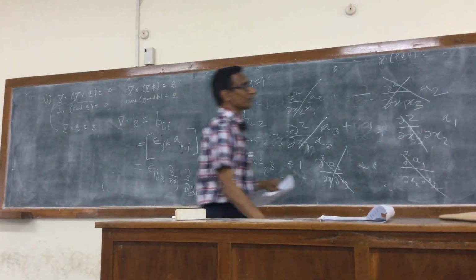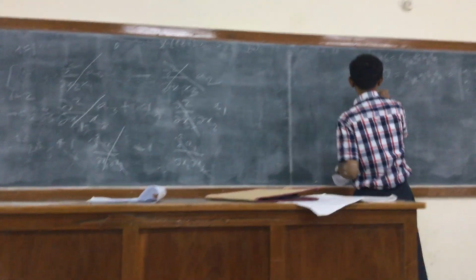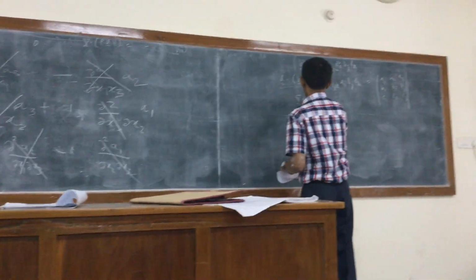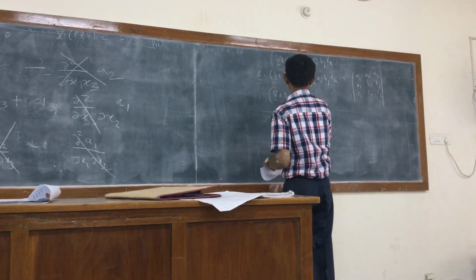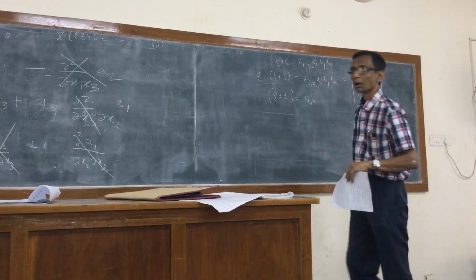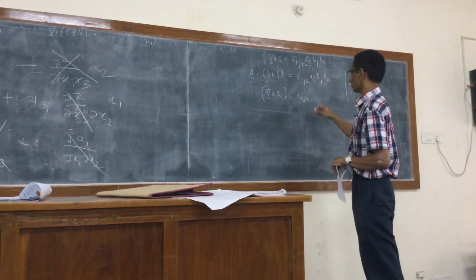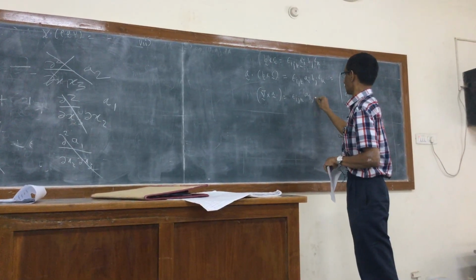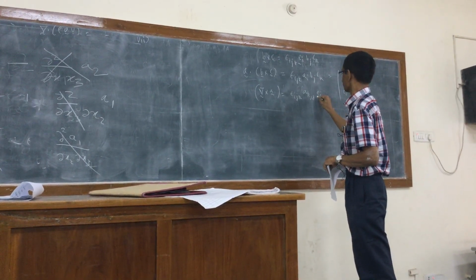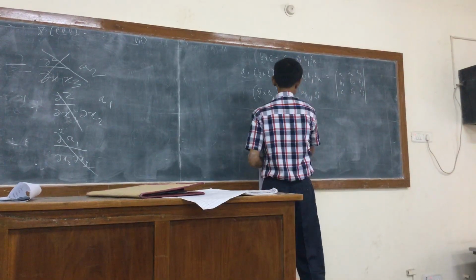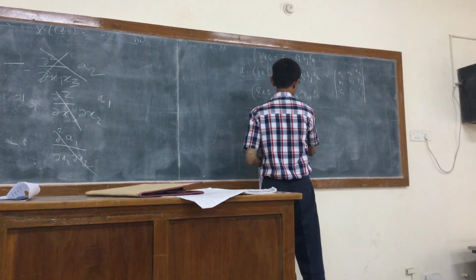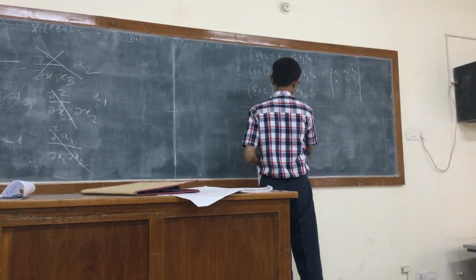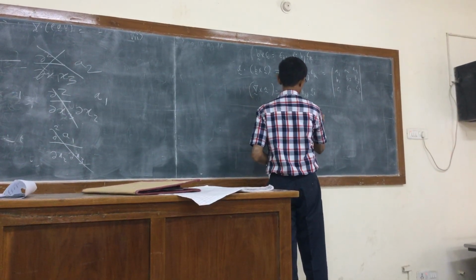Now, in the same way, we have seen the curl of A can be written as epsilon ijk, A_k comma j e_i. Or a better way to write this is epsilon ijk e_i d by dx_j A_k.